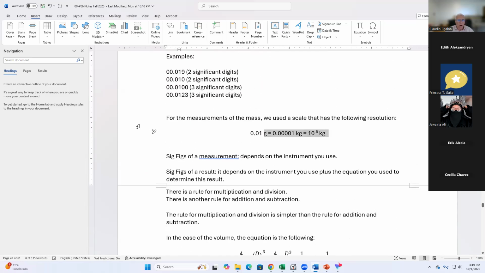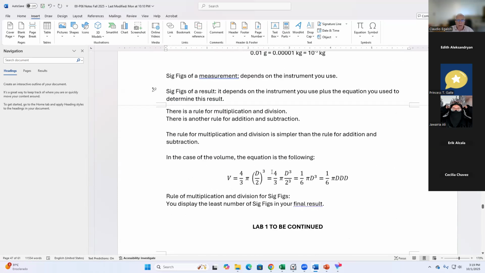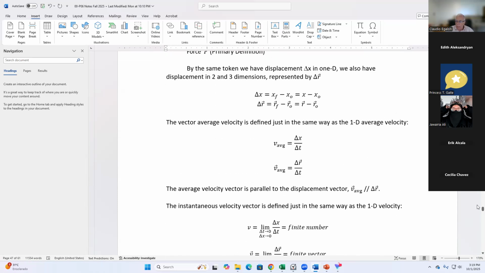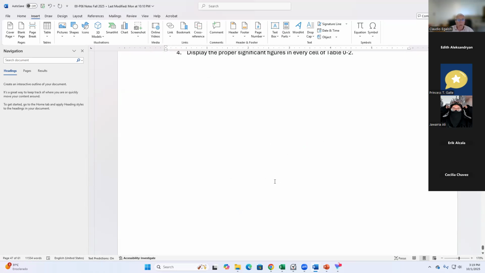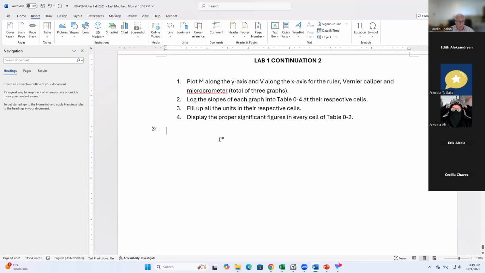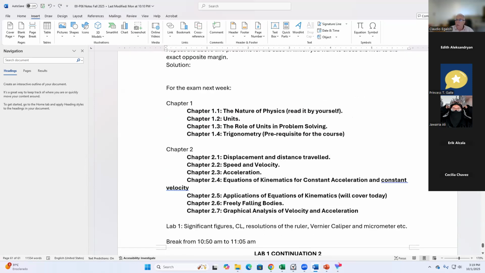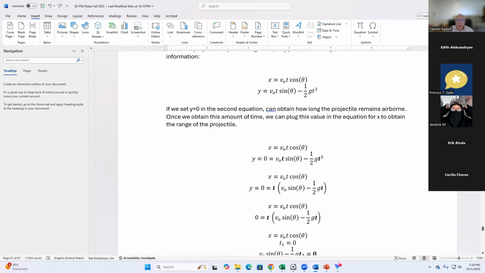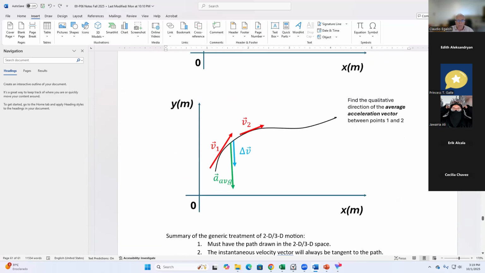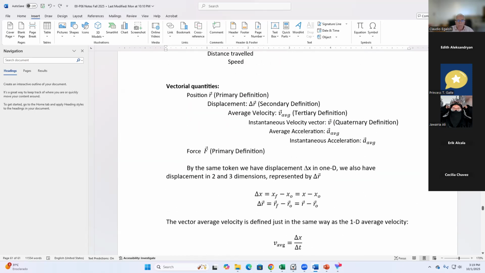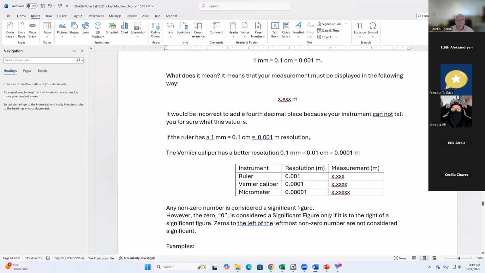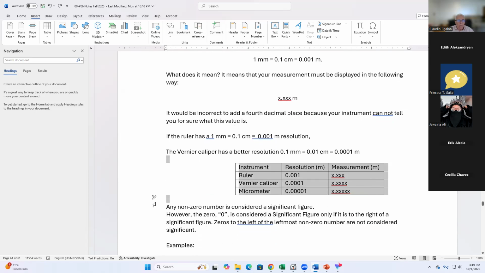Let me put it in table format, and you'll be able to do it for the table as well. That's the table I want.